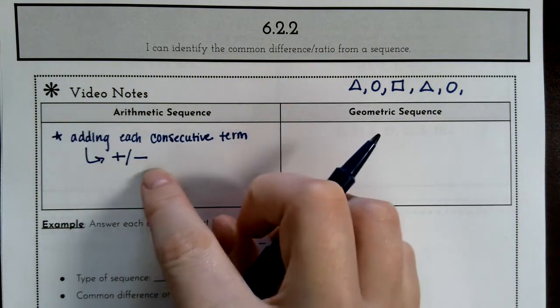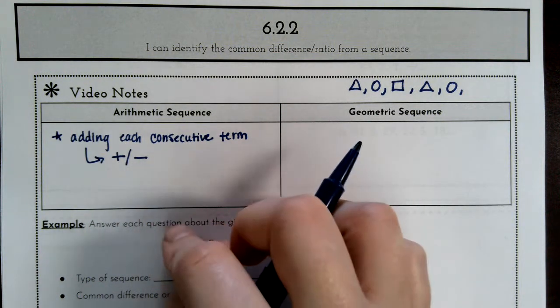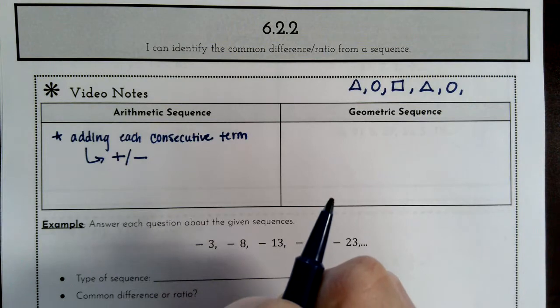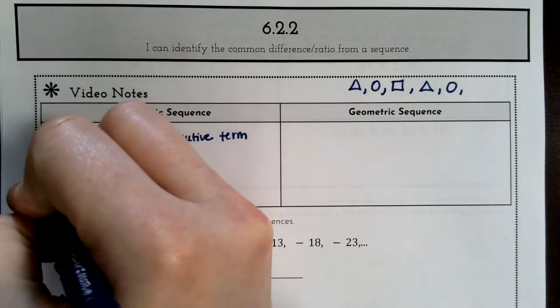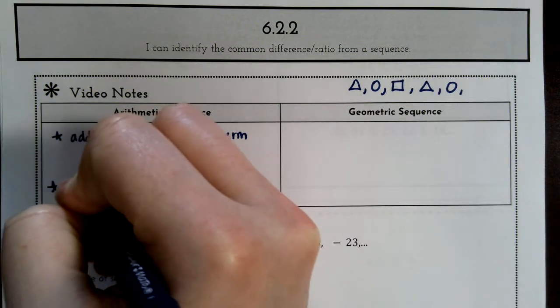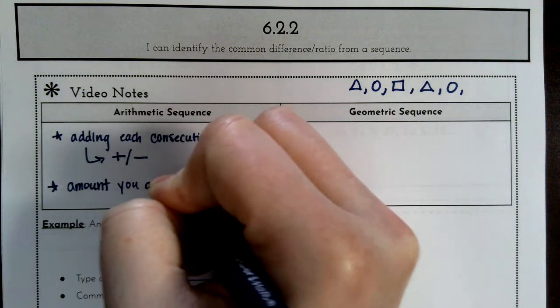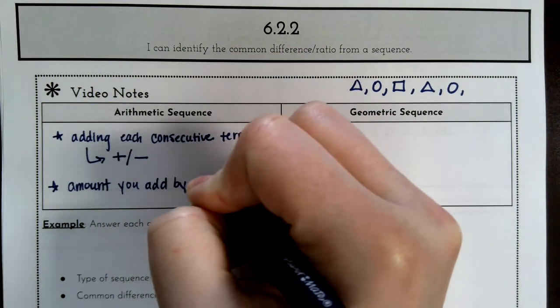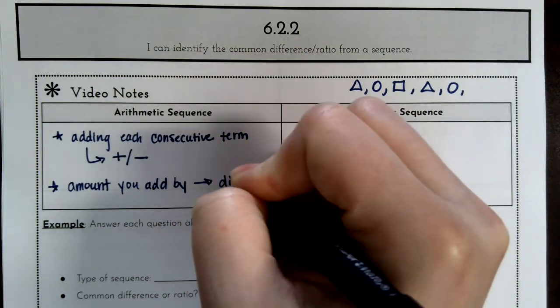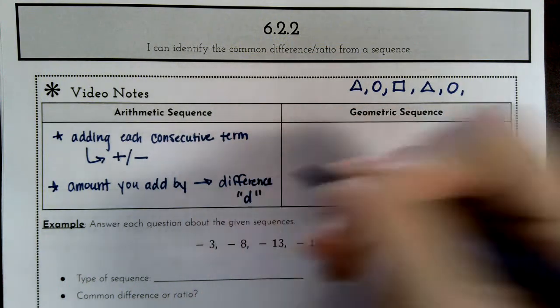If you're adding a negative number, it really looks like subtraction, but you're adding like a -2 to each one. And the amount you add by is called the difference, represented by D.